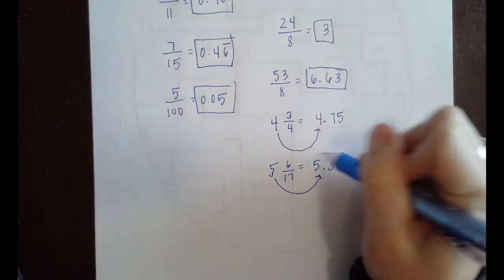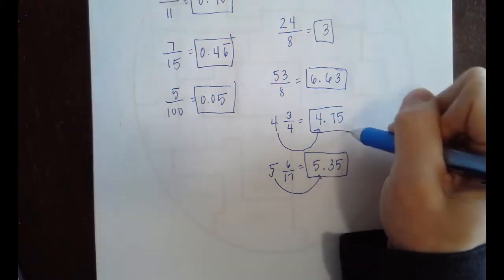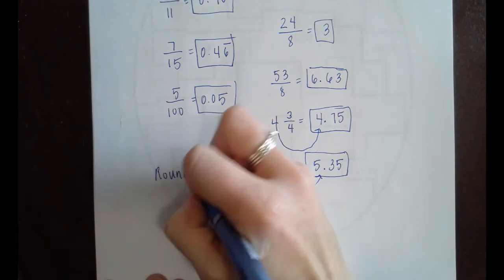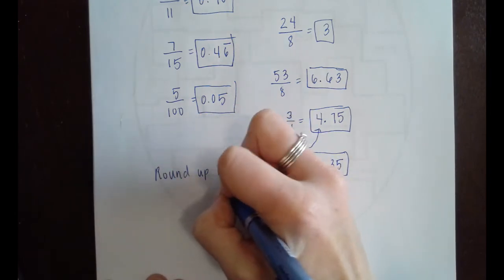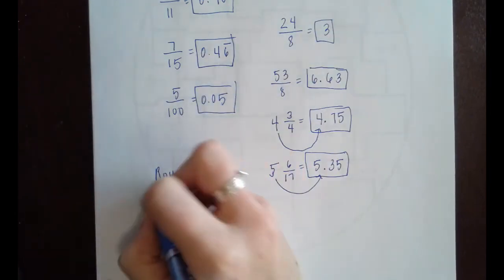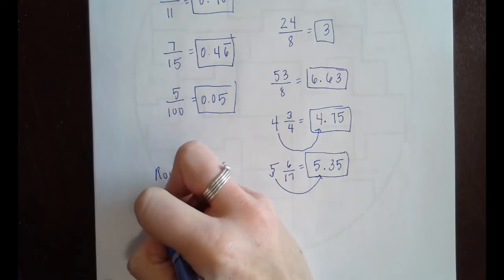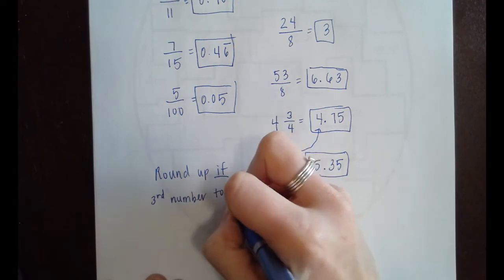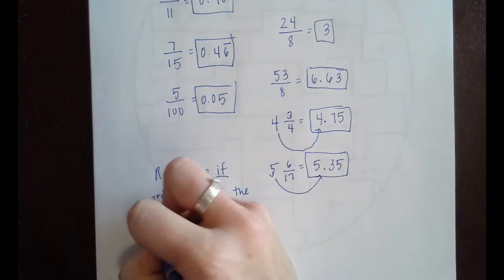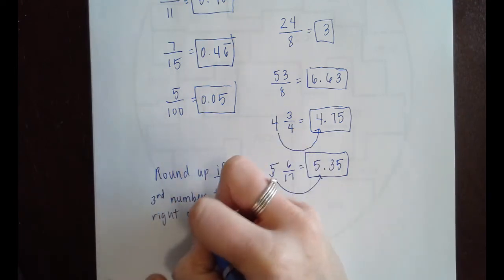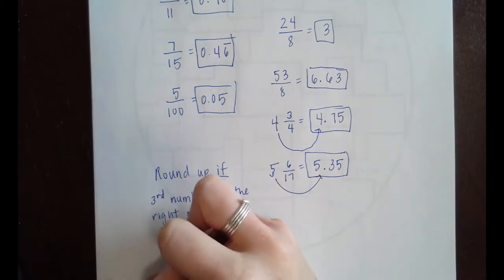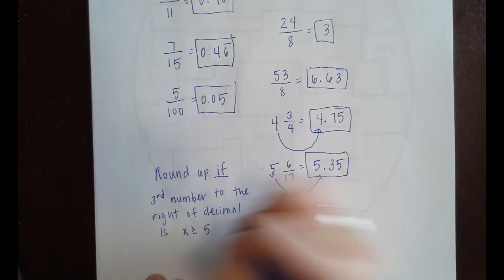And that will be our answer. So round up if the third number to the right of the decimal is greater than or equal to 5.